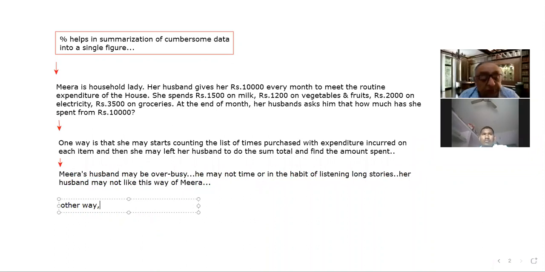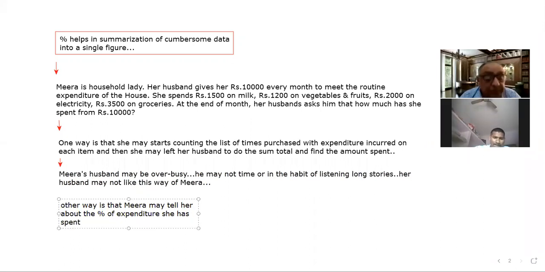The other way is that Mira may tell her husband the percentage of expenditure she has spent on the household items.